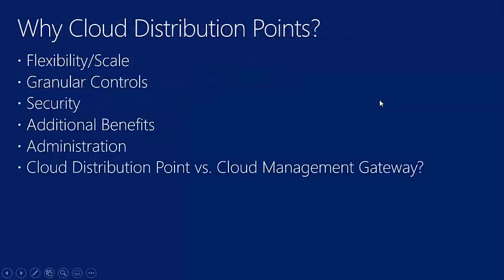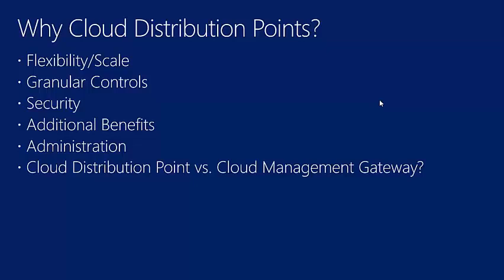So why do we care? Well, first of all, we're in Azure, so we have the ability to scale and have flexibility, with one or more cloud distribution points if you like, hopefully reducing the need for traditional distribution points. There are very granular controls, so in client settings you can choose which clients are able to communicate and draw content from the cloud distribution point.